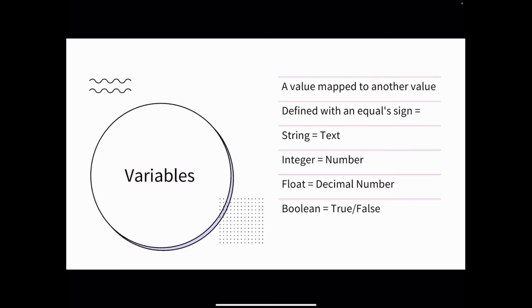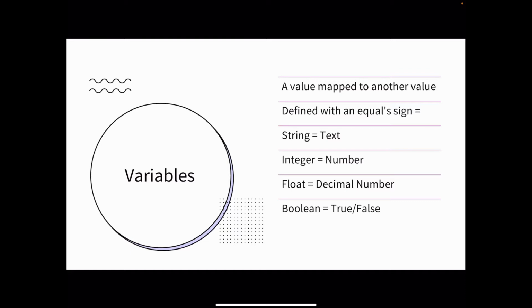Python interprets each variable differently, whether it be a string, which is just a string of text that should be enclosed in quotes. It could be an integer, which is simply a number, and Python is going to interpret that variable as an integer.